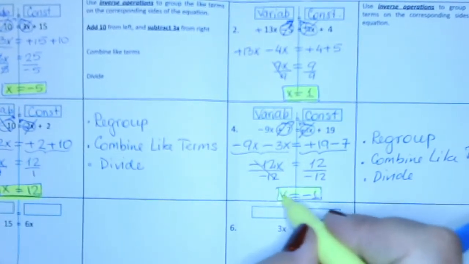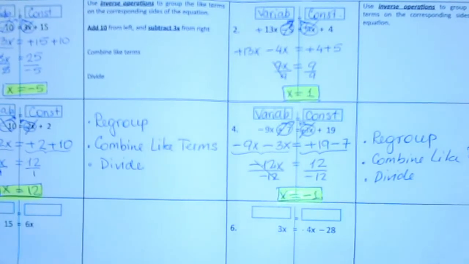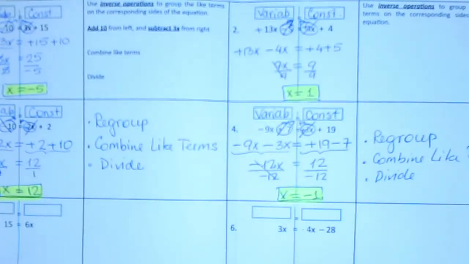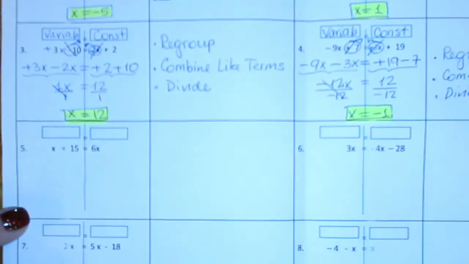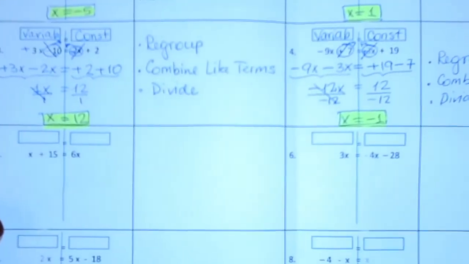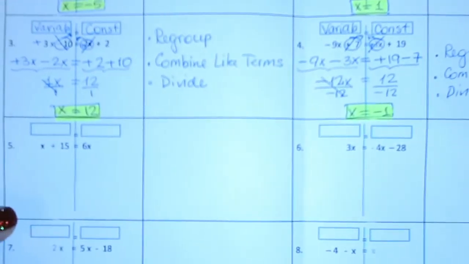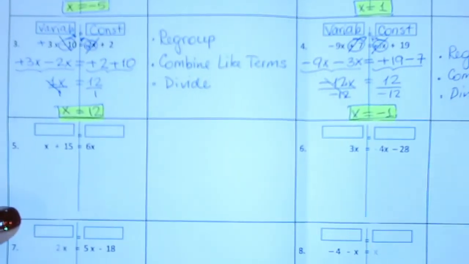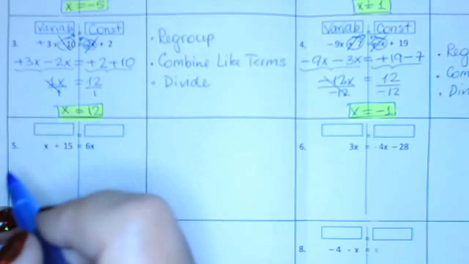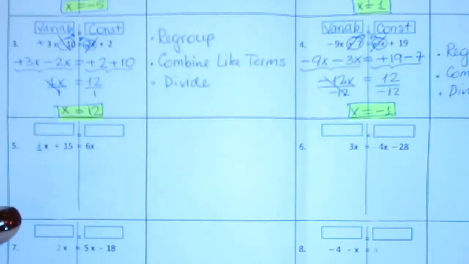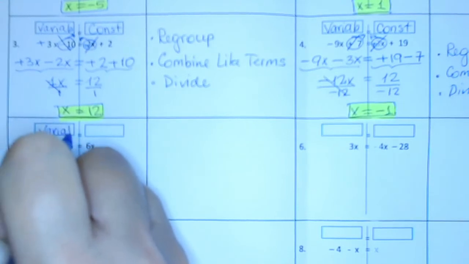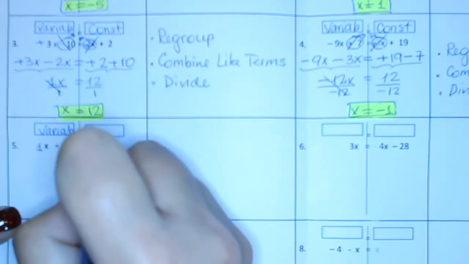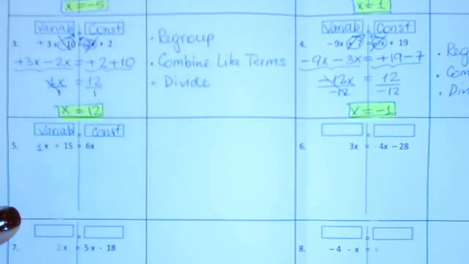At this time, it would be a good idea for you to pause the video, try a few examples on your own, and check with me later. Or go along with me. Trying is always good. 1x is a variable term. Variables I want on the left. Constants on the right.